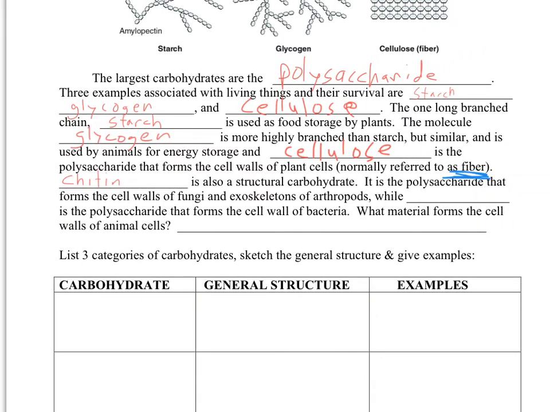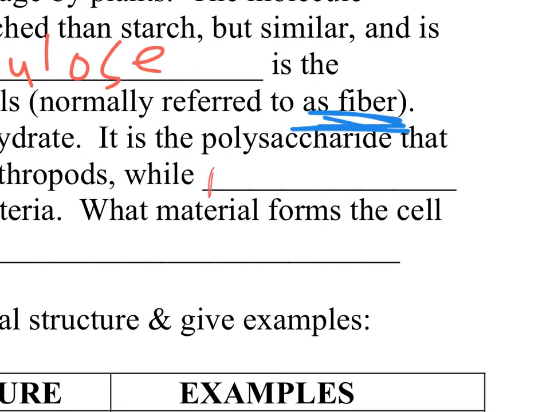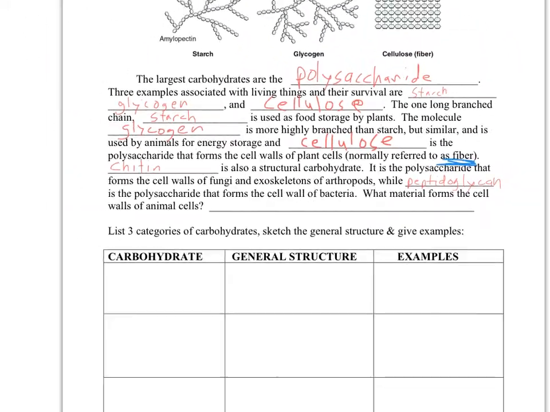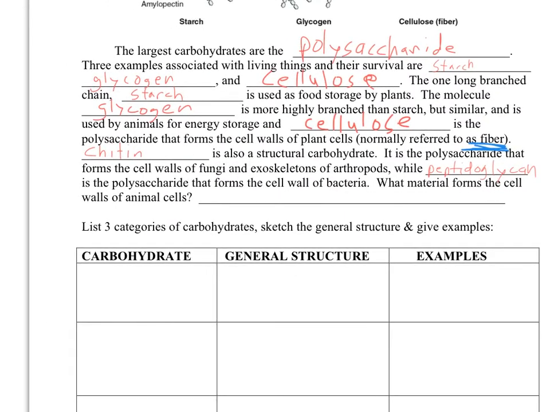And then the last one says, while blank is a polysaccharide that forms the cell wall of bacteria. I'm going to have to zoom in on that one. Peptidoglycan. Peptidoglycan.